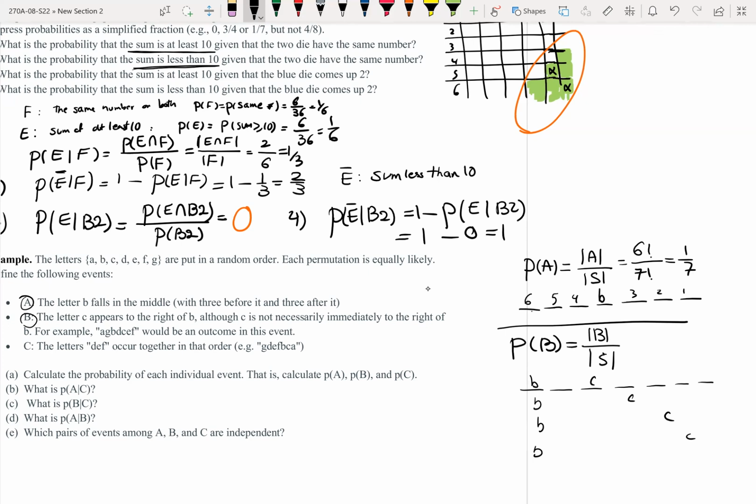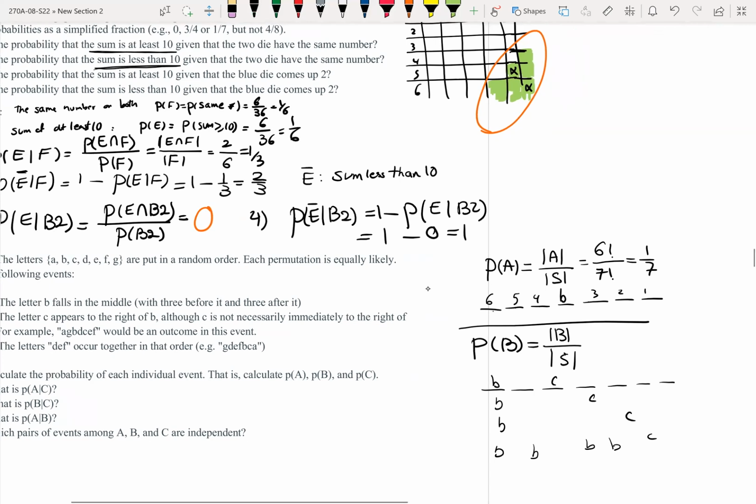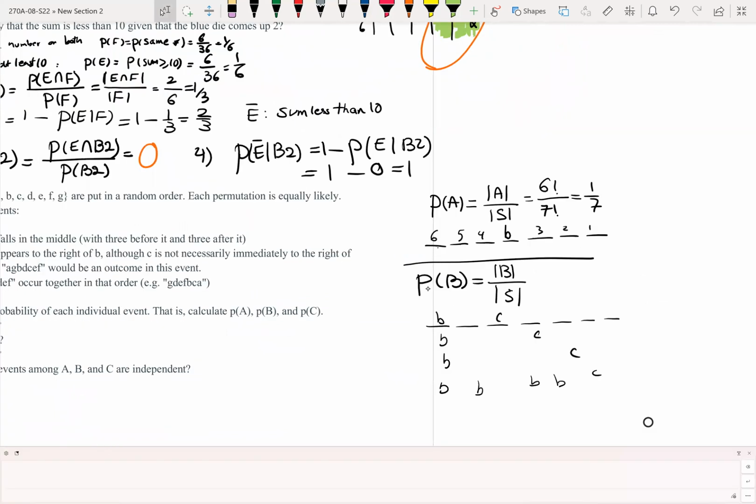What do you think? No, that's just a problem. It could be really anywhere. So B could technically be in positions 1 through 6, as long as C is still to the right.